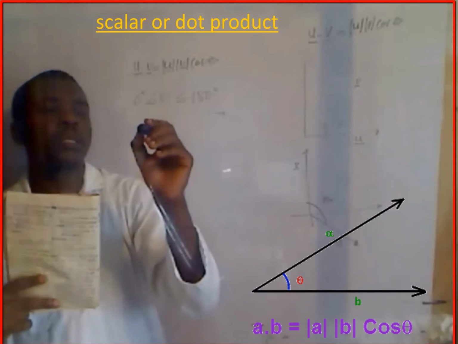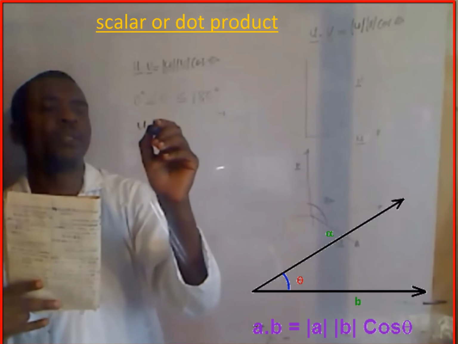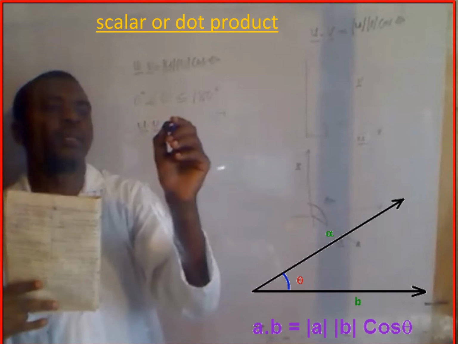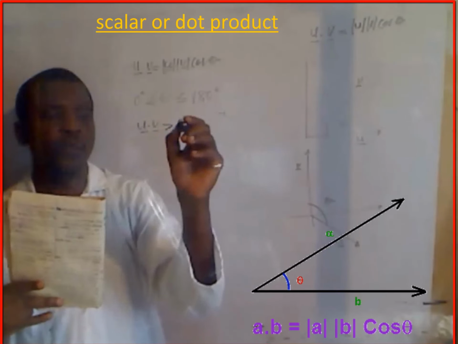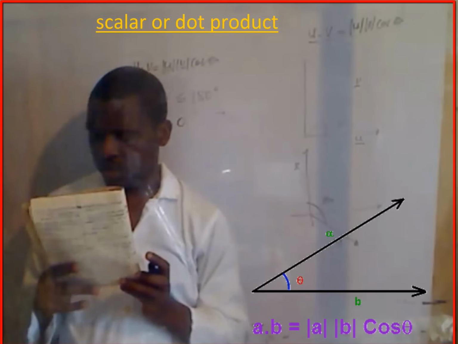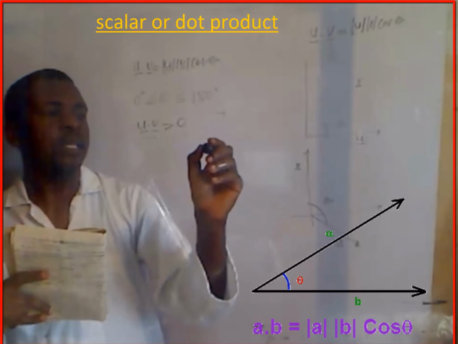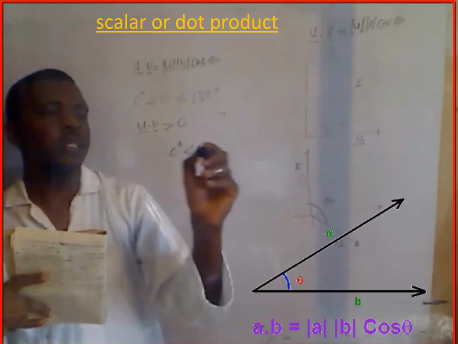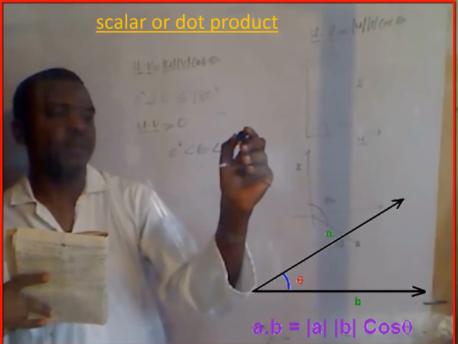That is, u dot v is greater than 0. An acute angle is greater than 0 degrees but less than 90 degrees.